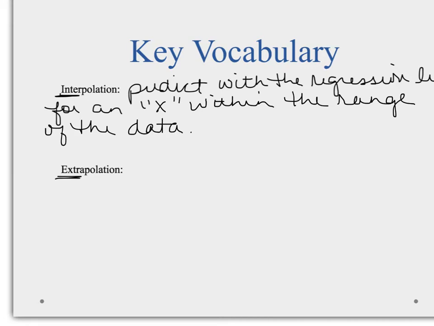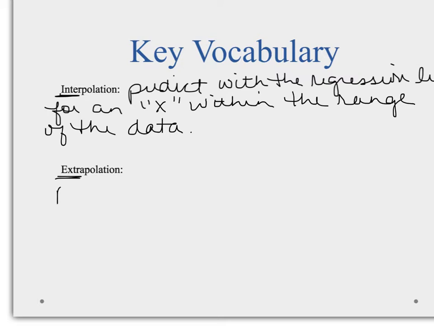Therefore, if we're going to interpolate, we are going to use a data point that is within the range. It may not be an exact point, but it's within the range of data that we're looking at, within the range of x's. Now, if we're going to go outside of that range, then we're going to do some extrapolation.